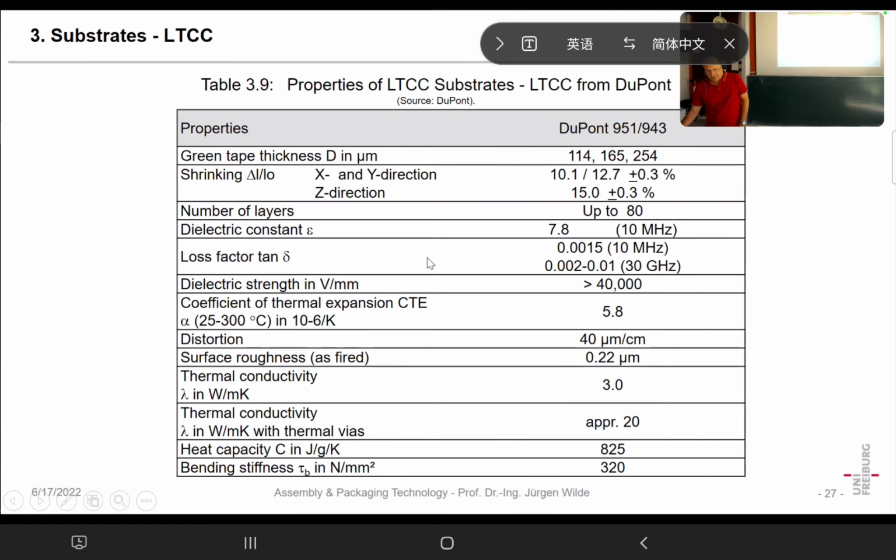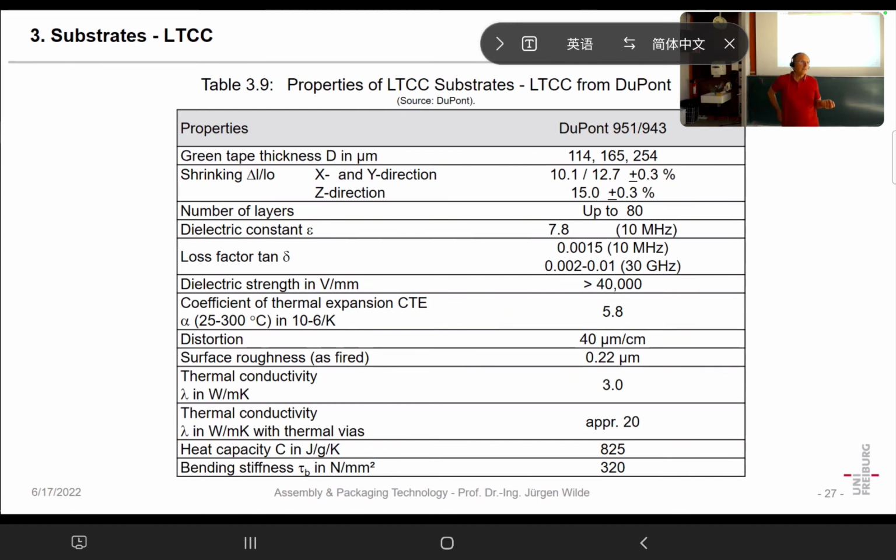It's a ceramic material, so it typically has a high permittivity or dielectric constant. Here it's around 8. On the other hand, the big advantage of these low temperature co-fired ceramics is that these can be modified as a material.